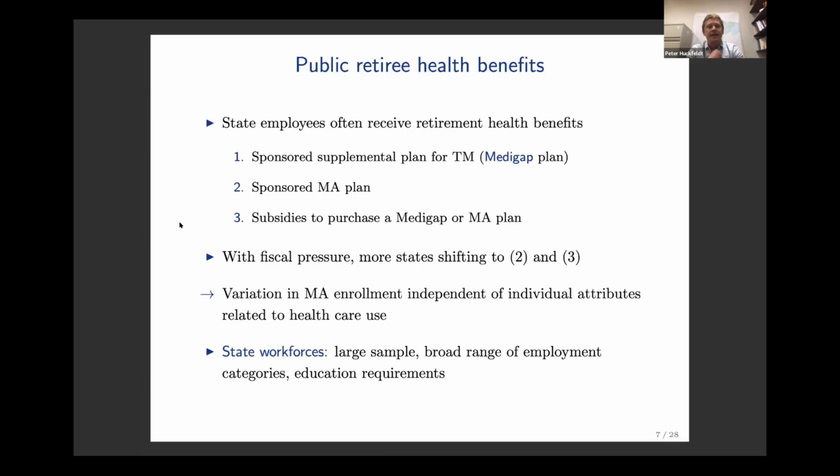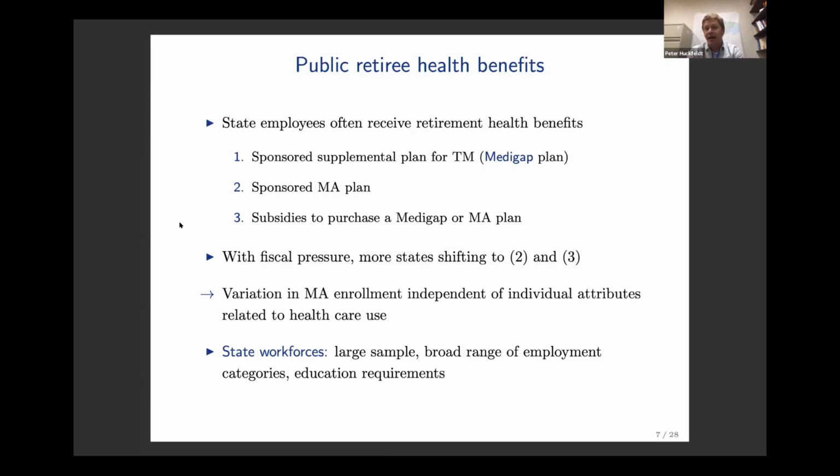As I'm sure you all have read about, states are feeling a lot of fiscal pressure with these retirement health benefits and pensions being underfunded. So more states are shifting to either Medicare Advantage plans or subsidies, in part because the financial risk is much lower, because the state is not the residual claimant under an MA plan or the subsidies.